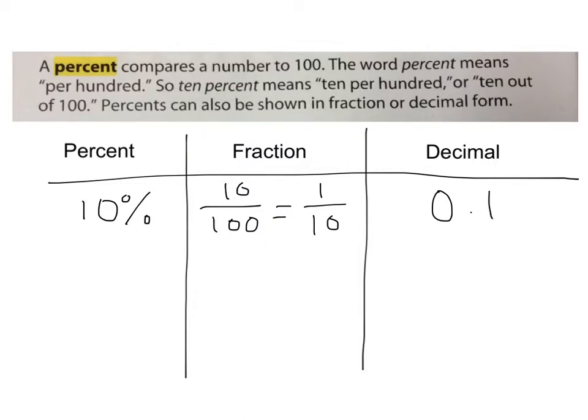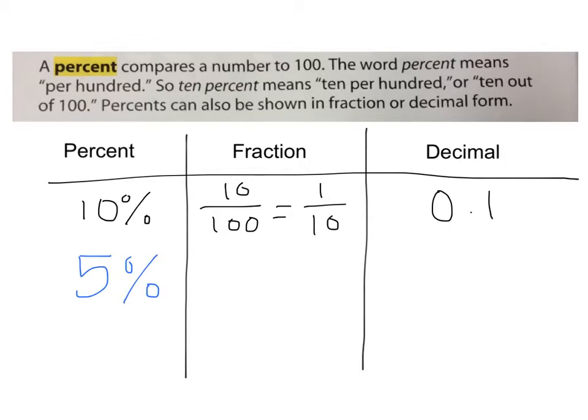Okay, let's try another percent. Chris, give me a number between 1 and 100. Say it with confidence and also volume so I can hear you. 5%. Okay. So 5%, remember percent means per 100 or out of 100.